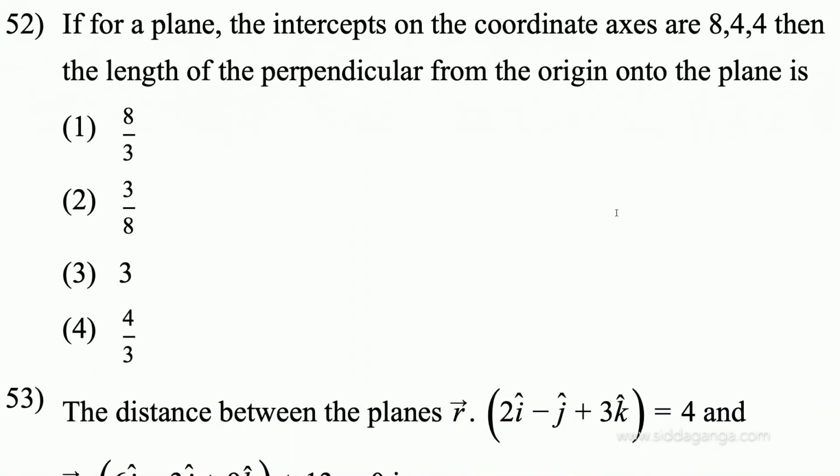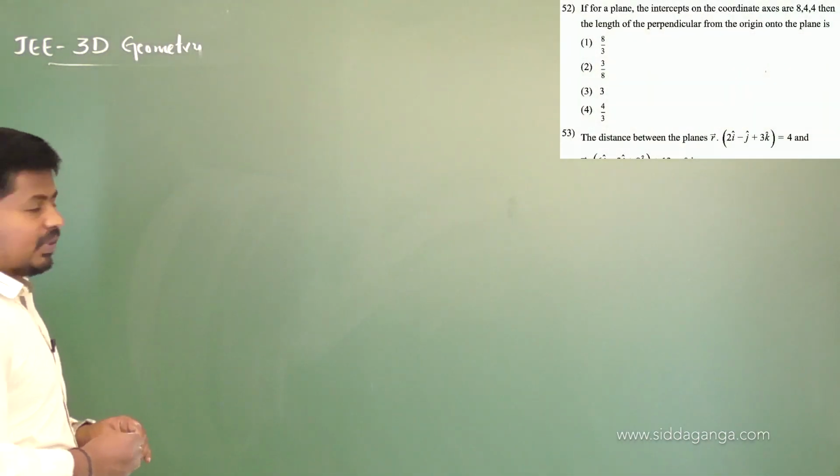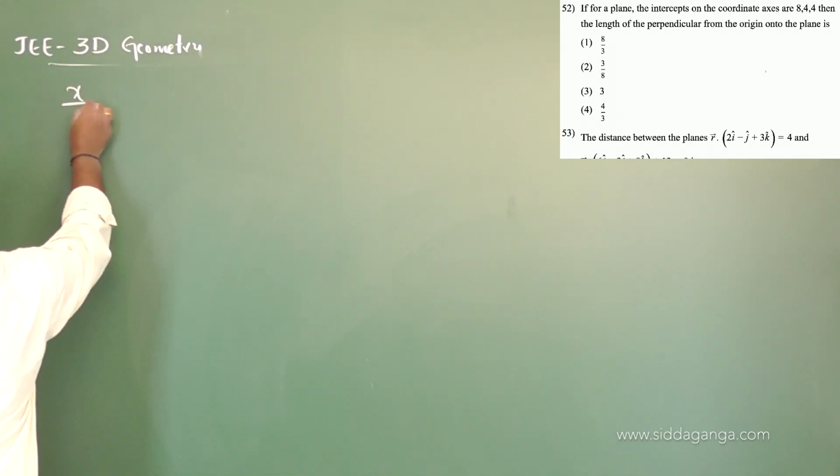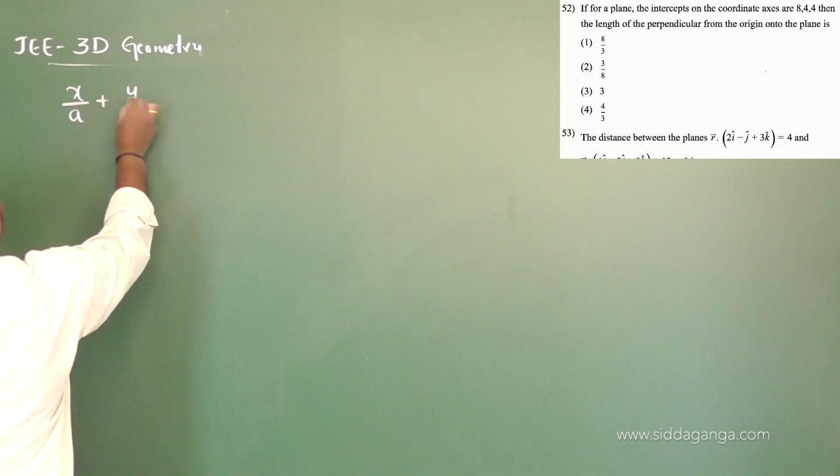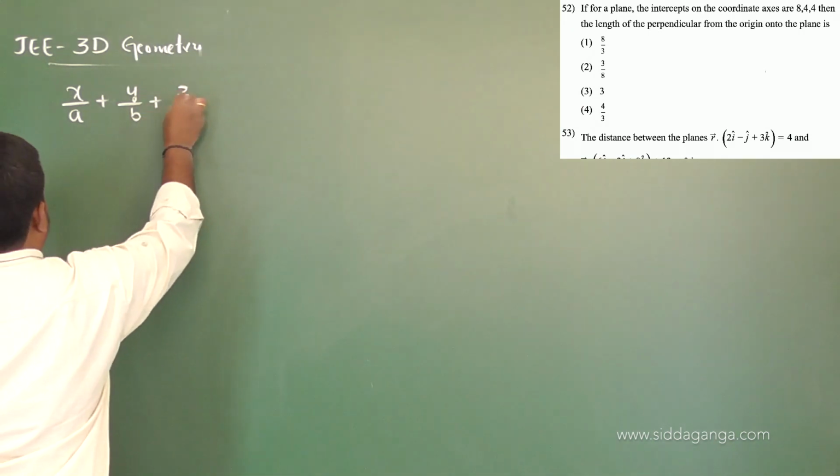Okay, 52. If for a plane the intercepts on the coordinate axis are 8, 4, 4, then the length of the perpendicular from the origin onto the plane. Yes, we know the intercept form of equation of a plane, that is x by a plus y by b plus z by c is equal to 1.